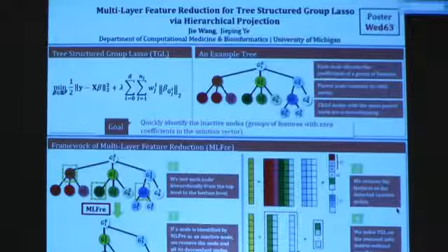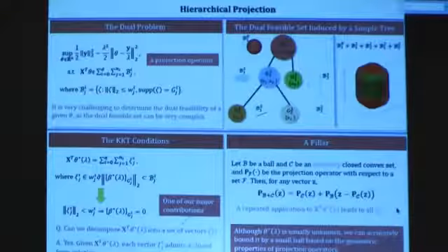And finally, we solve the tree-structured group lasso problem on the reduced data. One appealing feature of our method is that the model learned on the reduced data is the same as the one learned on the full data. Our method is based on the geometric properties of the dual problem.